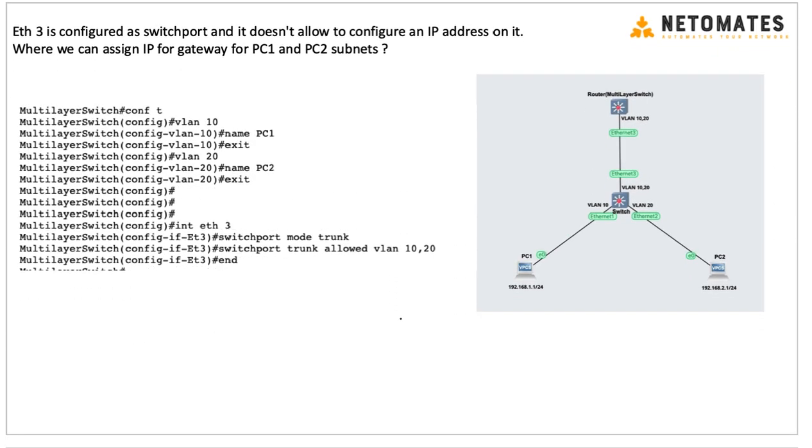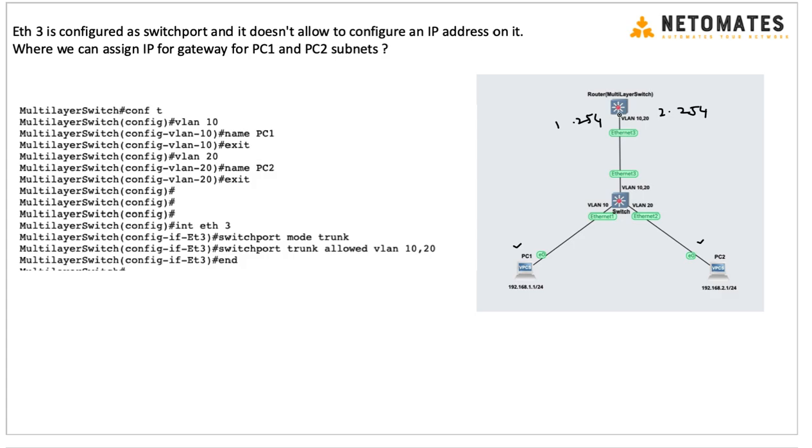Now, in order for PC1 and PC2 to communicate, because they are in different networks, they should have a gateway in their own network. So .254 should be for the 1.x network, 1.254 should be here, and 2.254 should also be here. Usually we assign the interface IP on the Ethernet 1 physical interface, right?